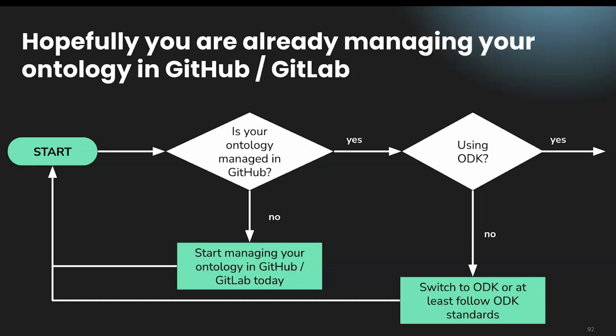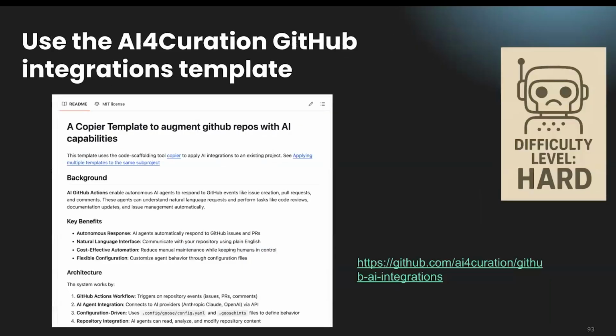And I think we've even done a good job of communicating outside the OBO ecosystem. We see these patterns in ODK being used even in ontologies that are not biomedical ontologies as well. But yeah, this is the basic flowchart. If your ontology is not already in GitHub and you're not using ODK, then I really recommend going back and fixing that first before going further, because everything else downstream gets easier.